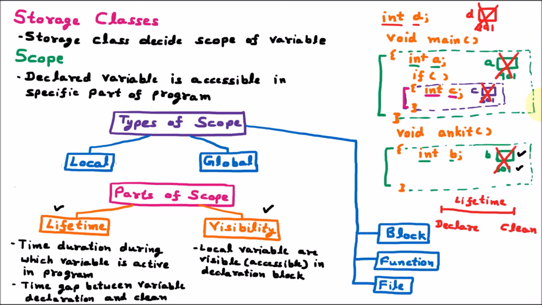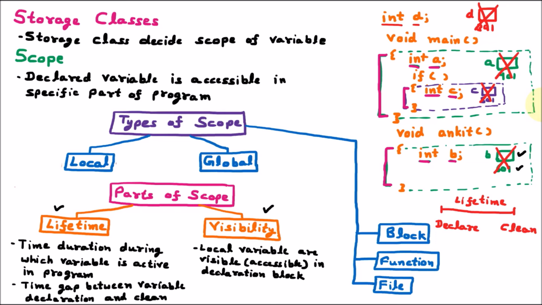The local variable int a is accessible in the boundary of main. Then int b is accessible inside the boundary of the Ankit function. These are local variables, which are visible or accessible in their own boundary, the boundary in which they are declared.